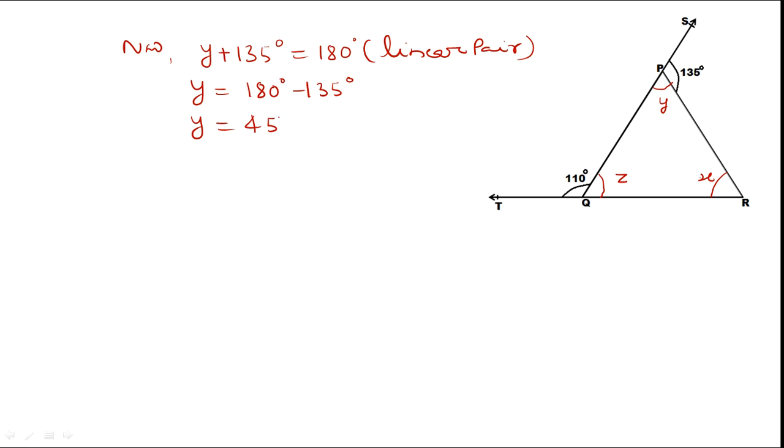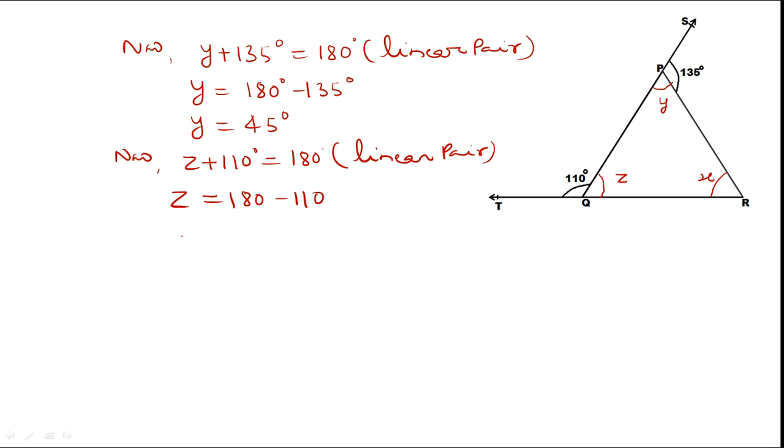We have calculated Y. Now again I will write Z plus 110 is equal to 180 degrees. The reason is the same, linear pair. 110 degrees and Z are the angles formed on the same line, that line is TR. So the value of Z will be 180 degrees minus 110 degrees, right? So Z comes out to be 70 degrees.